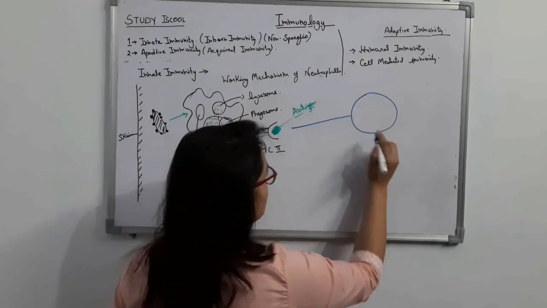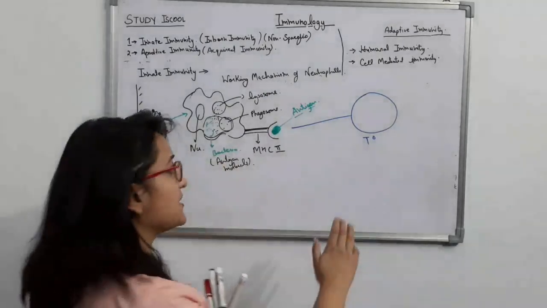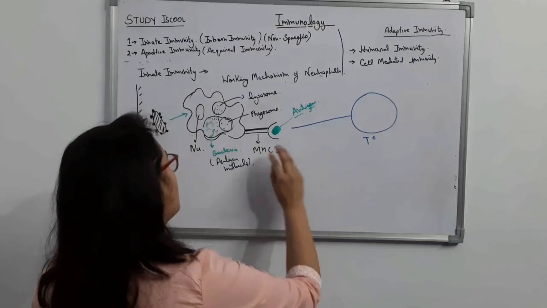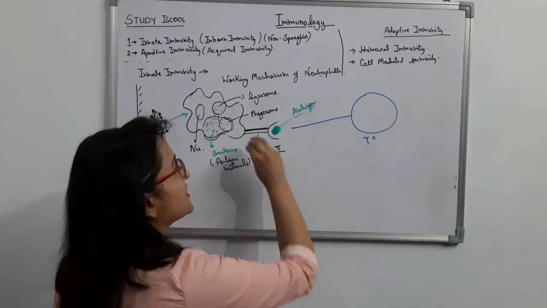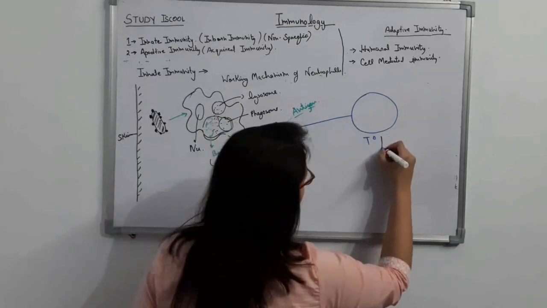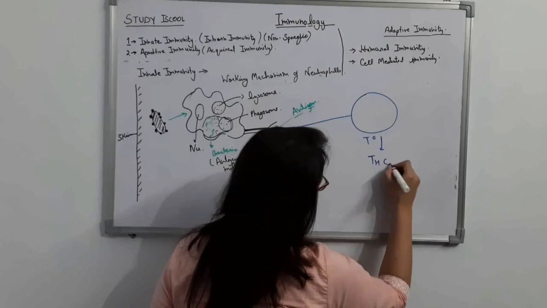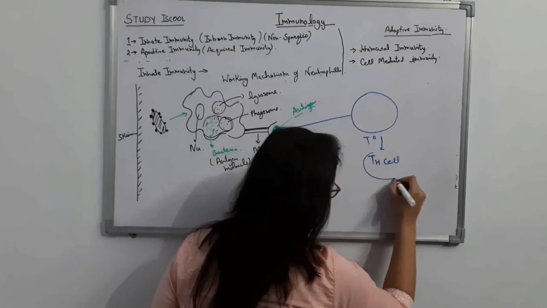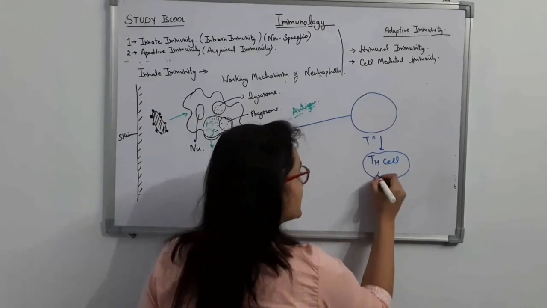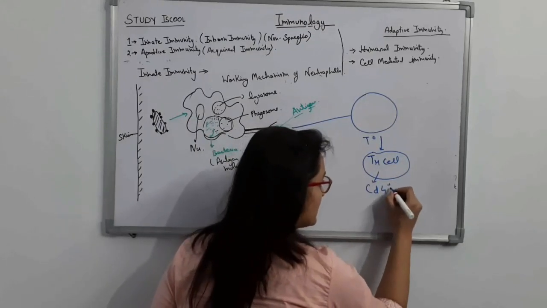This is called a T0 cell, a naive T cell. When the naive T cell is activated by chemical signaling through cell communication, it further converts into a T helper cell, TH cell. This T helper cell is called the CD4 T cell.